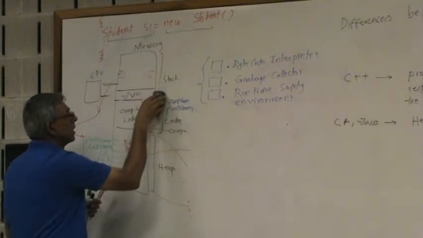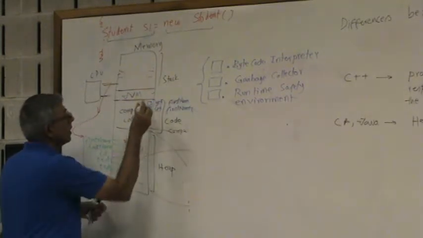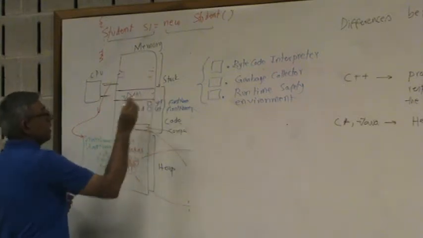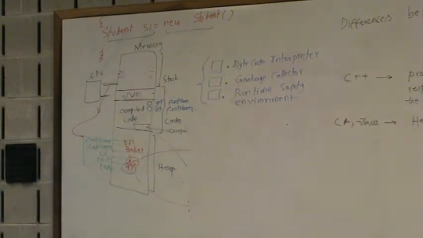So this is not part of the stack. This is part of the code area. Okay, so JVM gets loaded, and JVM internally has three things in it: bytecode interpreter, garbage collector, runtime safety environment.